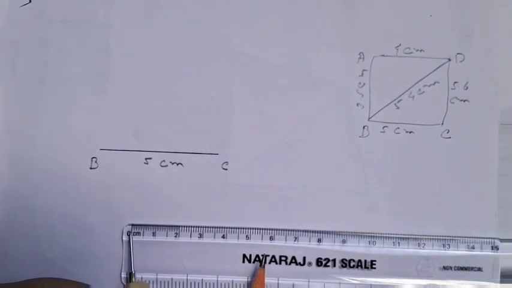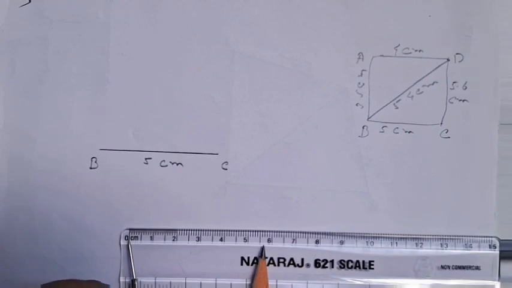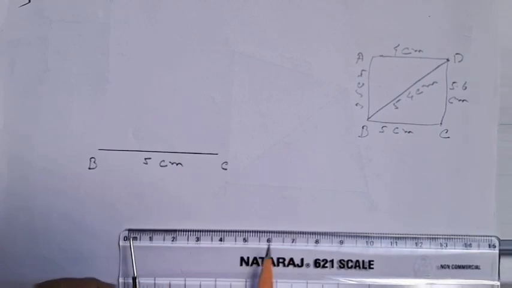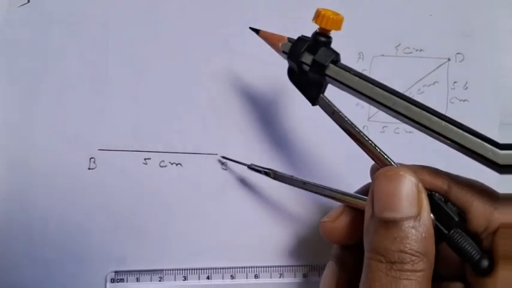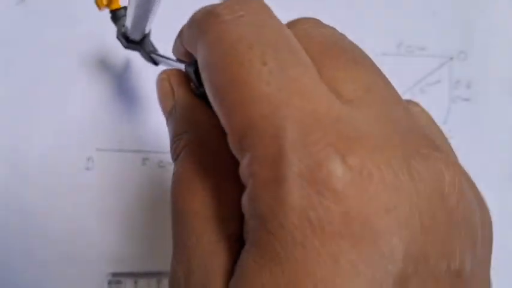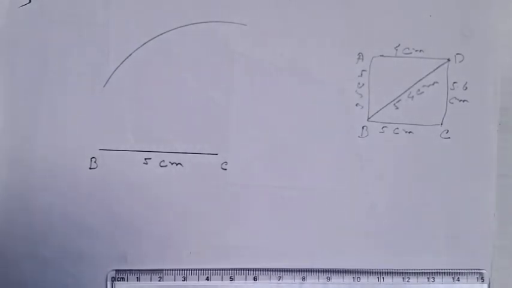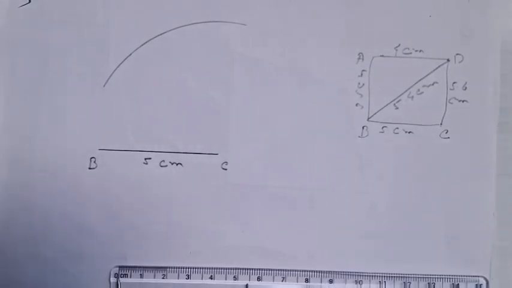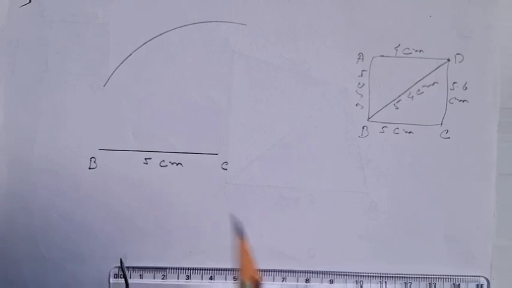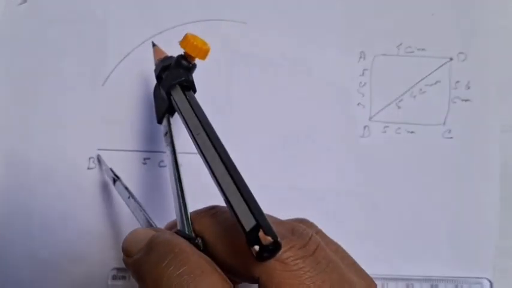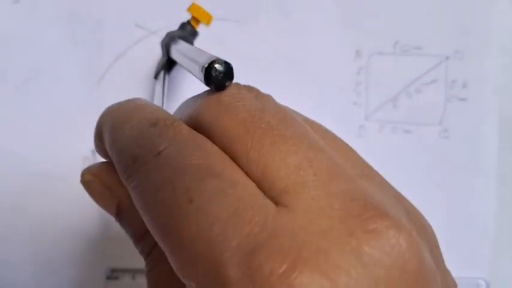So taking 5.6 centimeter in a compass and taking C as center, I draw an arc. And now taking 5.4 as radius and taking B as center, I draw another arc.